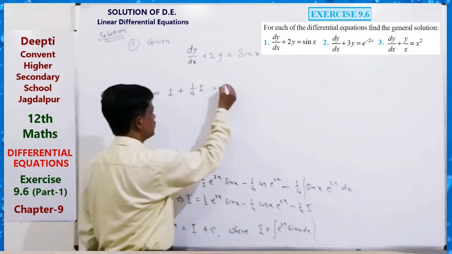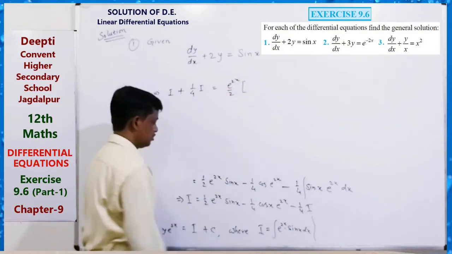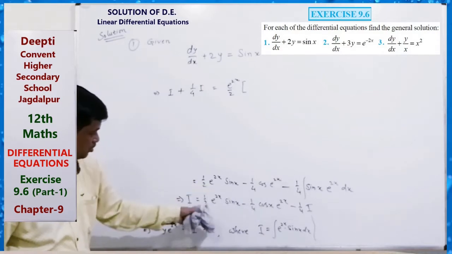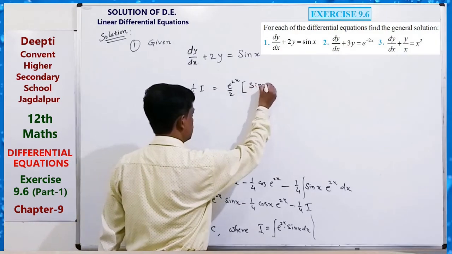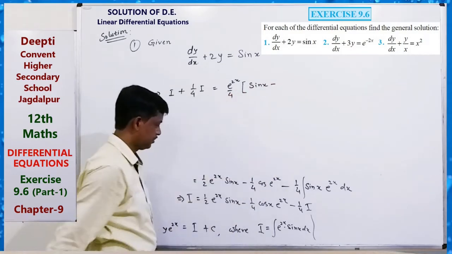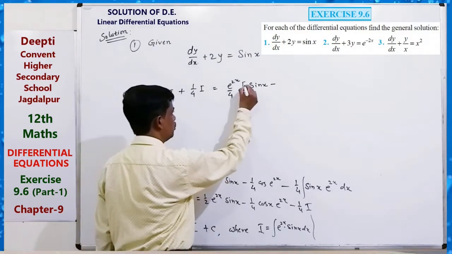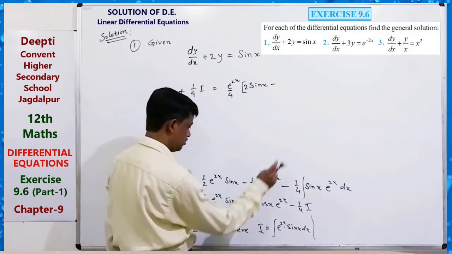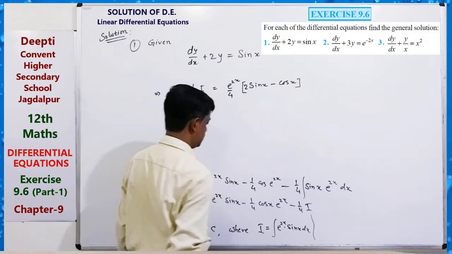is equals to e to the power 2x by 2, e to the power 2x common, by 2 common also, sin x minus, or we can take common 4, then here 2 sin x minus cos x. Clear?